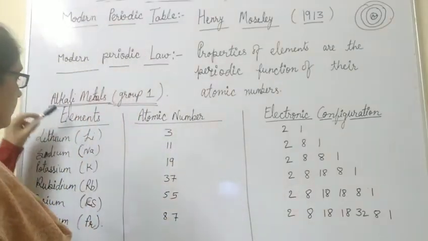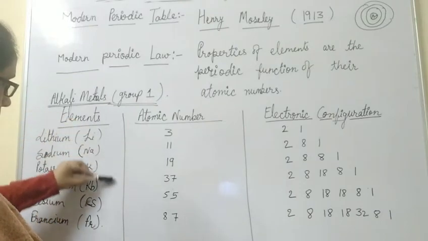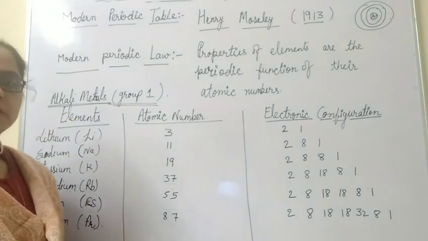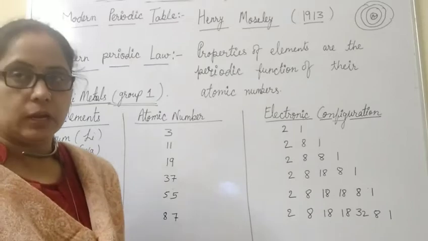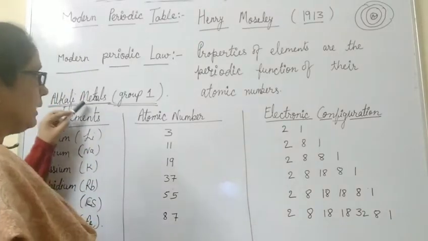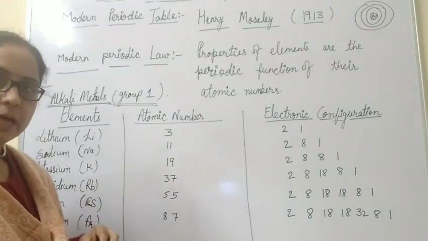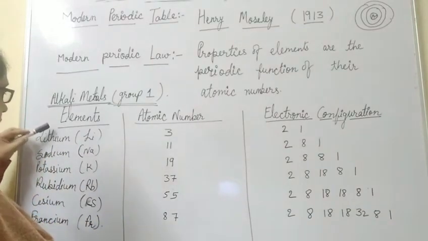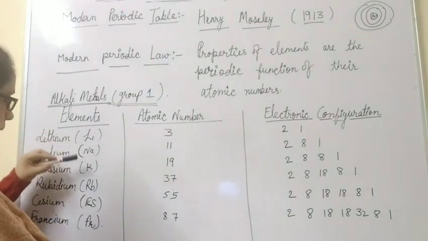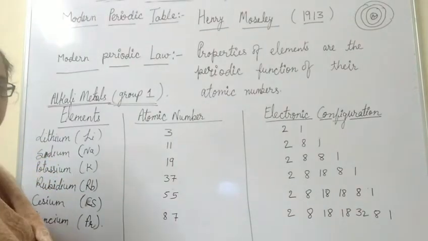You can see here, these are the elements present in the first group, meaning the first vertical column, and they are called alkali metals. In this, the first element is hydrogen. We will set hydrogen aside. The others are lithium, sodium, potassium, rubidium, cesium, and francium.